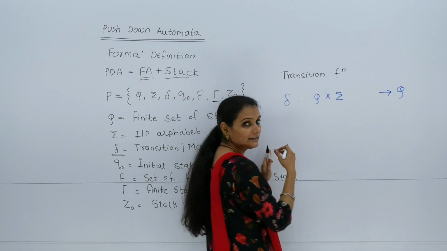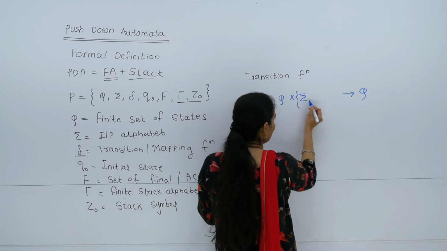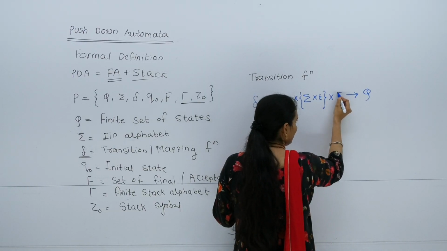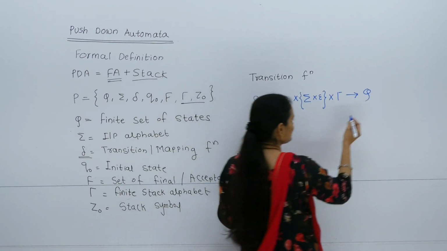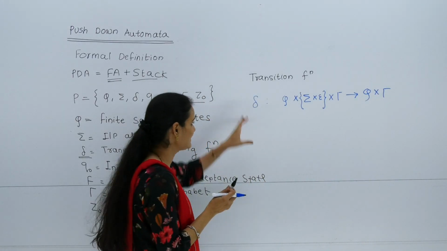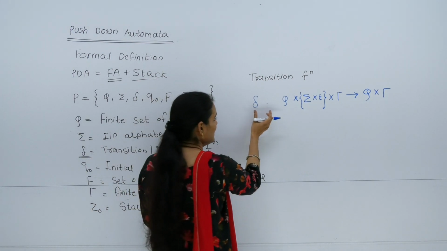But if we want the transition function of push down automata, here we are only adding null and uppercase gamma, which gives Q into uppercase gamma. So that is the transition function for the push down automata.